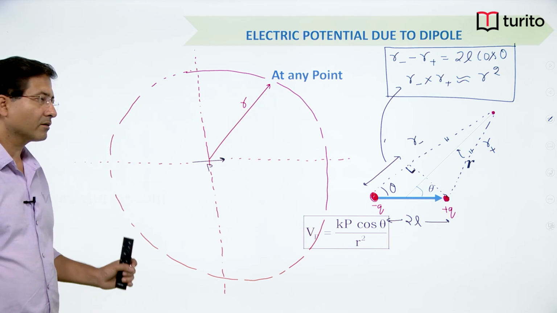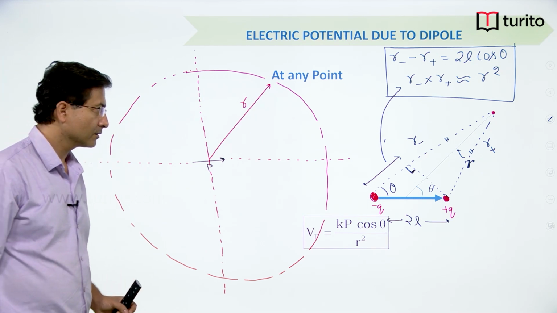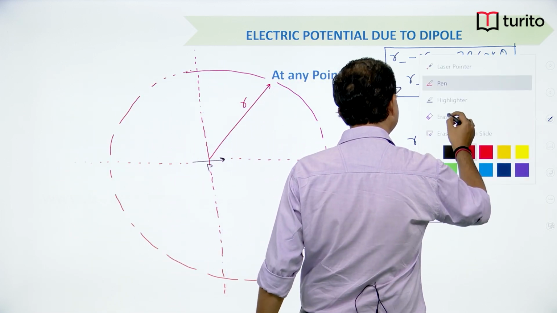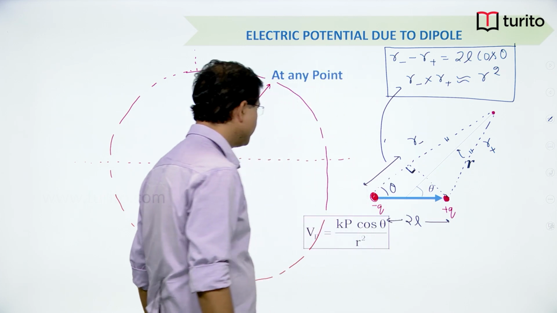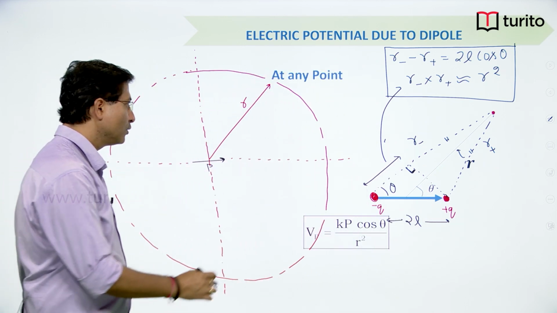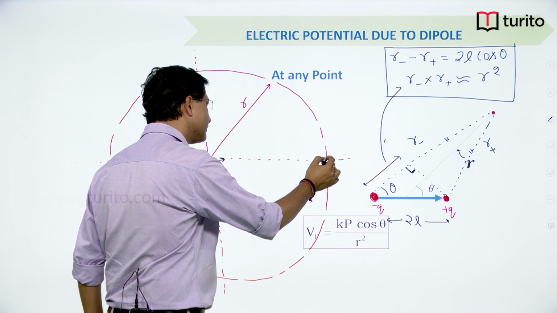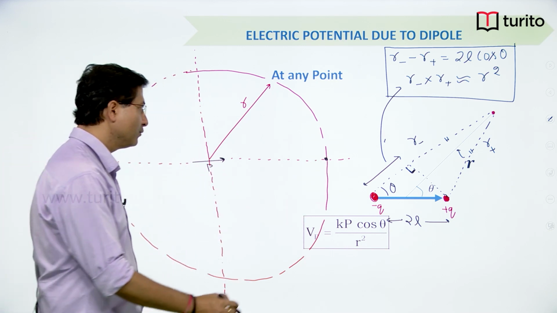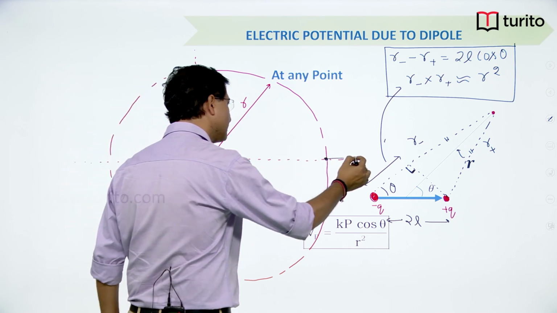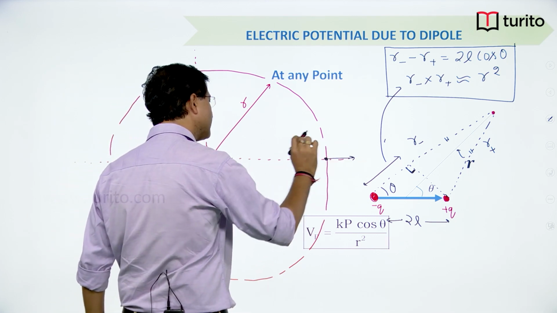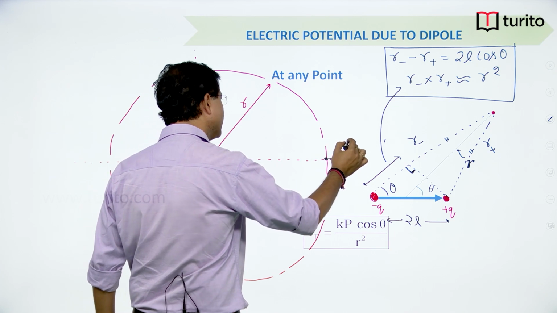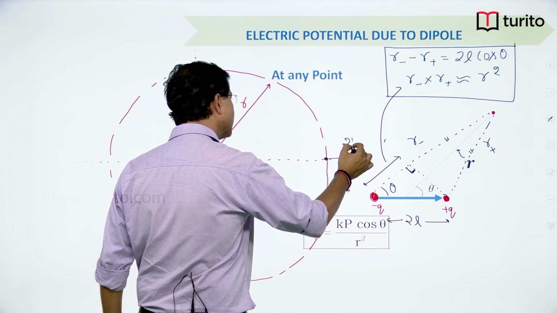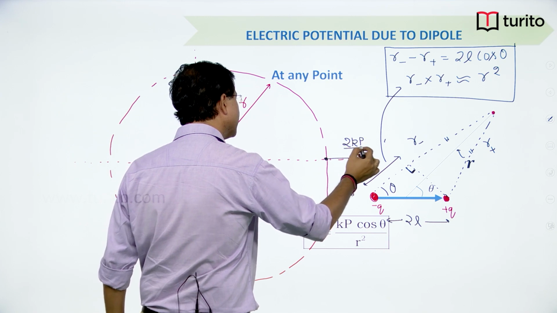If I analyze all critical points, look at this point. The field coming at this point will be along the dipole moment, and the value of field is 2 k p divided by r cube.